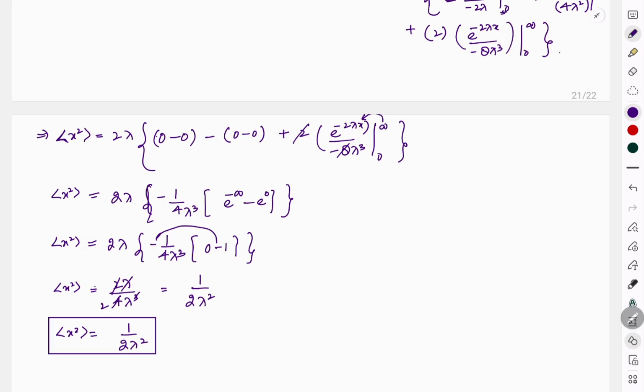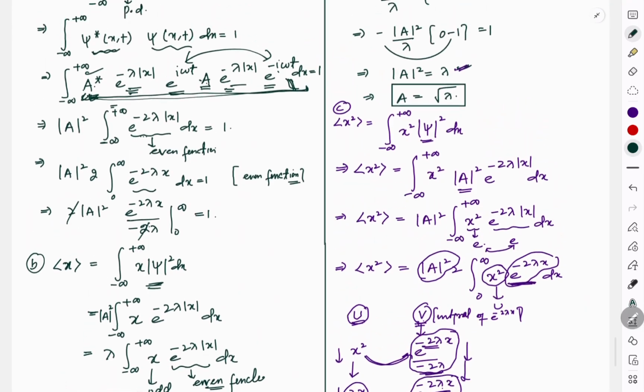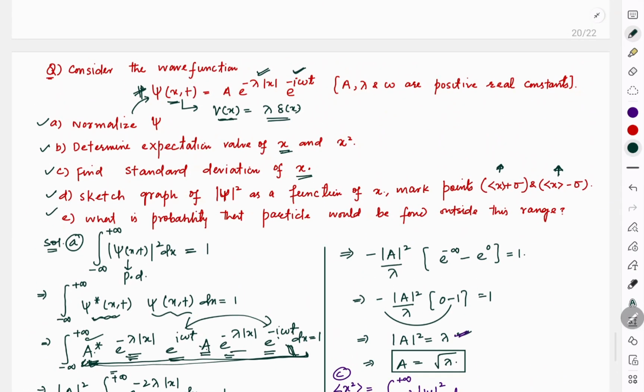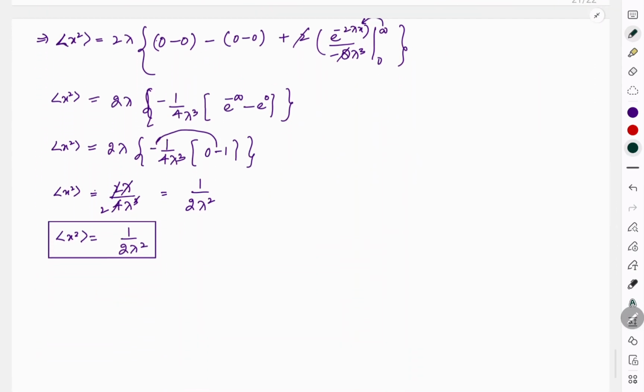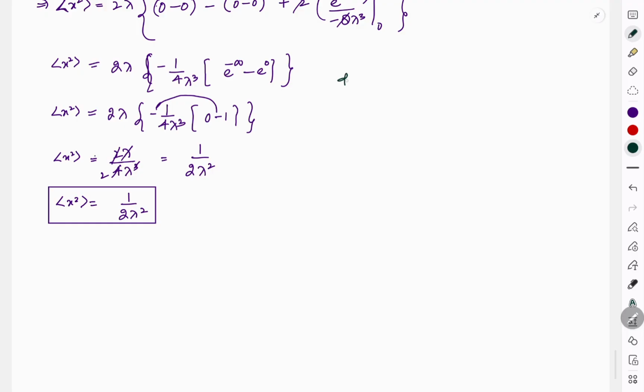Okay, now we have to do the another part, which is standard deviation. Yeah, we have to find the standard deviation of x. So the d part is standard deviation, which is, we know the variance sigma square is given by the expectation value of x square minus expectation value of x whole square. So we already calculated both of these two things.